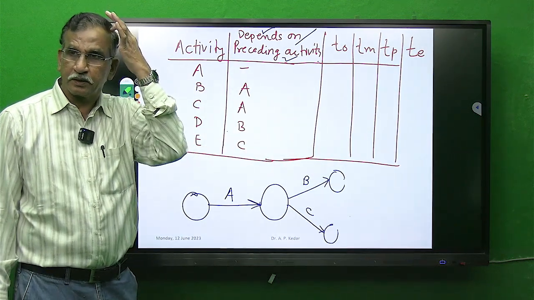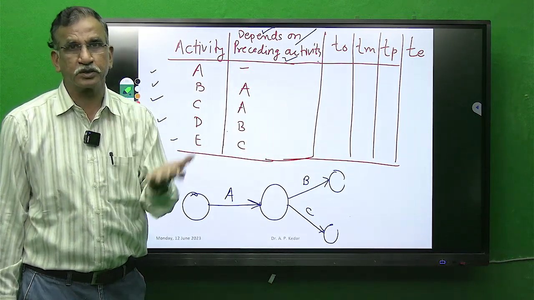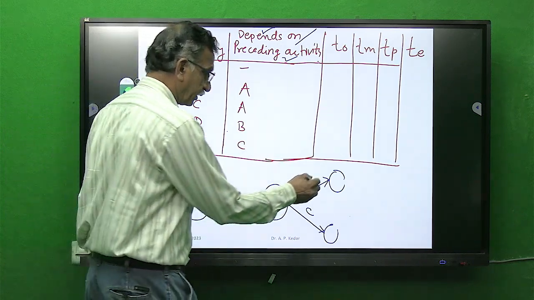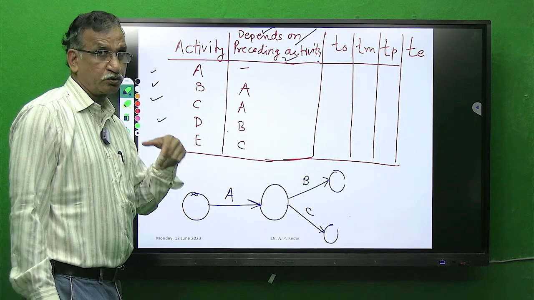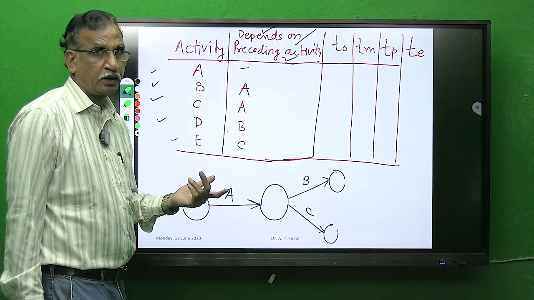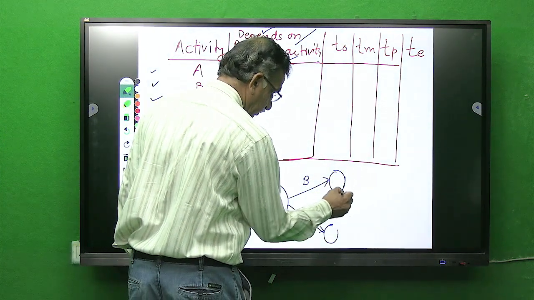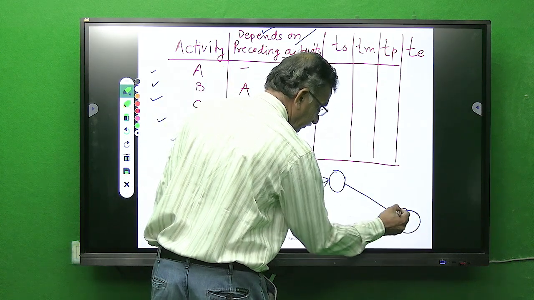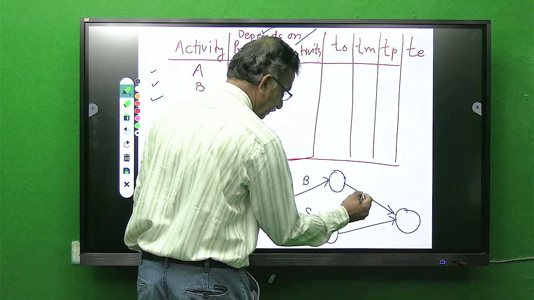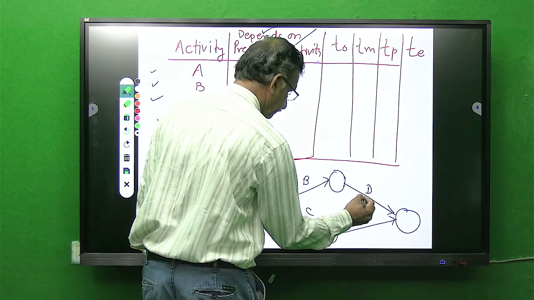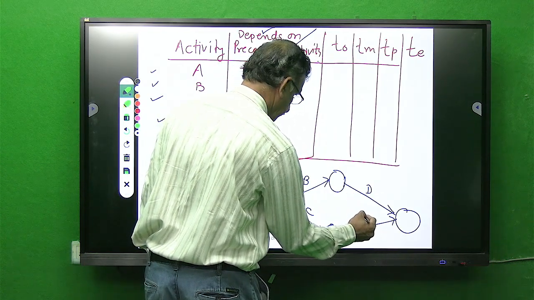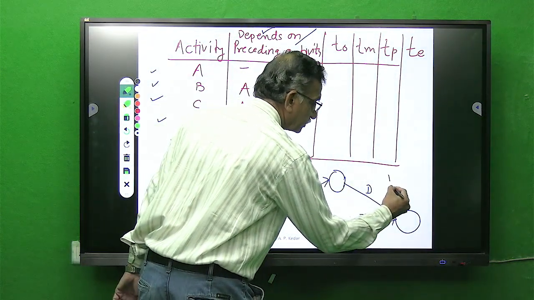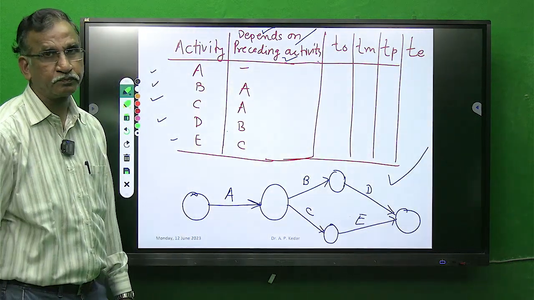Whenever there is no successor activity to the activities which you have drawn, now you have drawn activities D and E, those activities will be your last terminating activities, which must terminate at one node. And students, this is the correct network now.